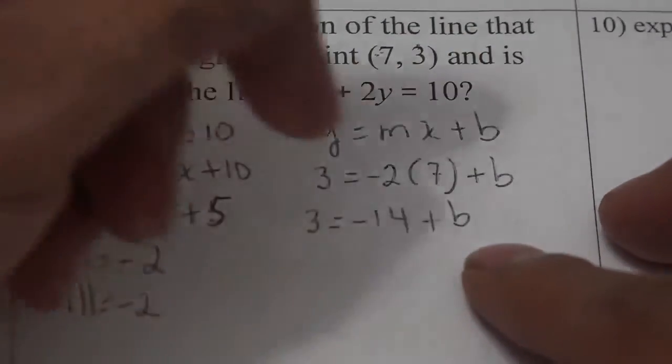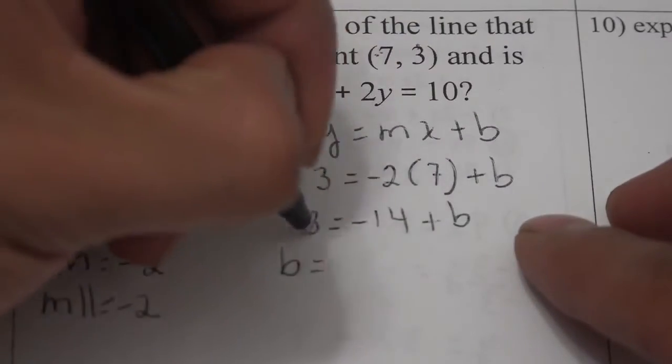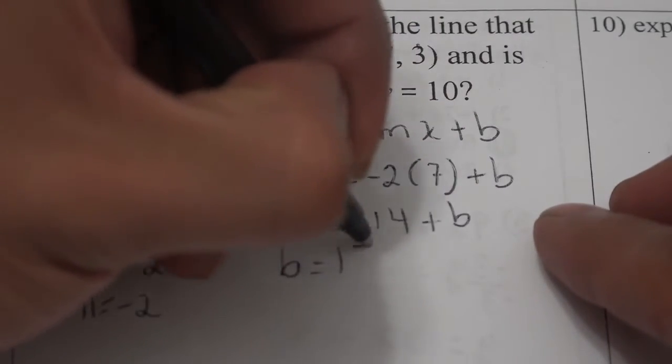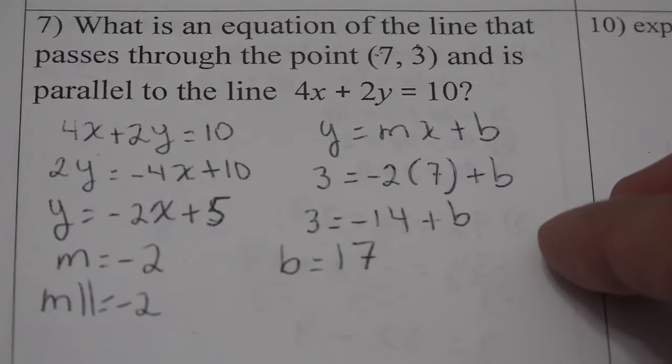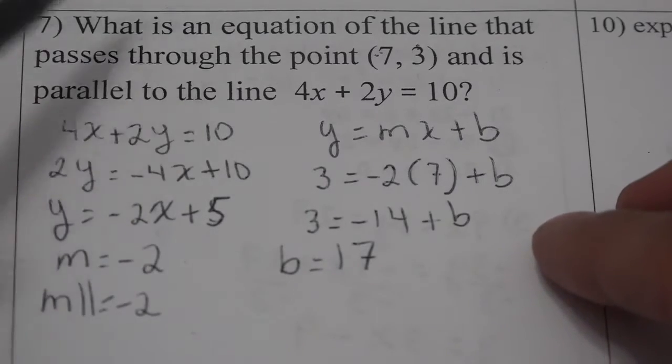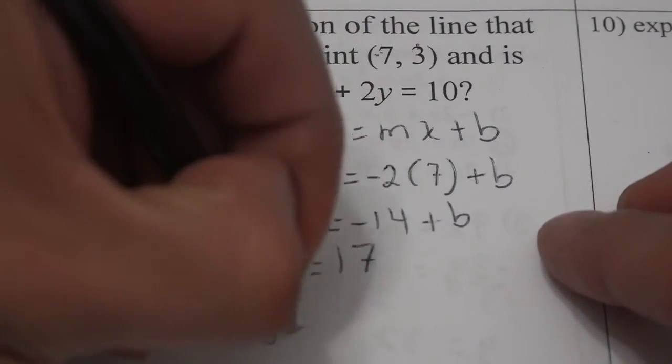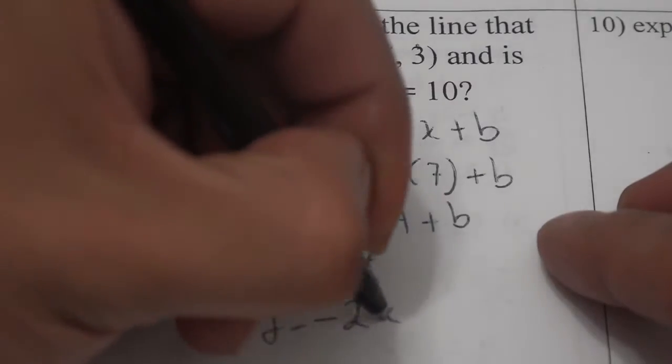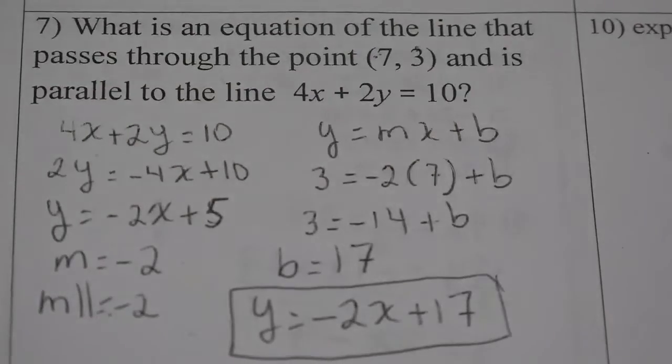I'm going to add 14 to both sides. So 3 plus 14 is 17. Okay, so then the equation is nothing more than y equals negative 2x, okay, negative 2 from here, plus 17. And there you go, that's your answer.